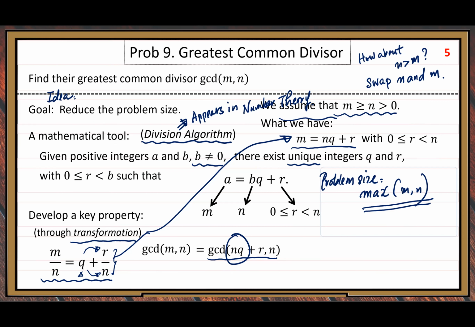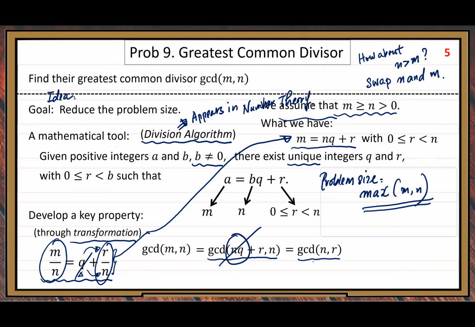Integer does not put any impact on the denominator. From that point of view, you can see the GCD of m comma n is the same as the GCD of n and r. The q part, the n multiple part, has no contribution to the GCD.